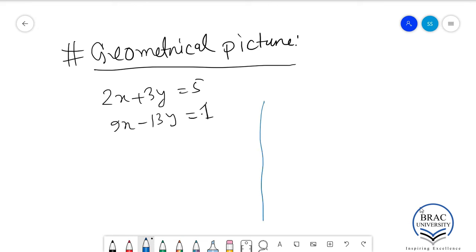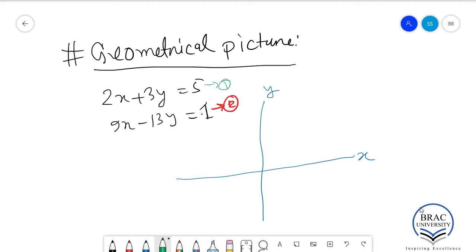Let's say this is my xy coordinate, this is x, this is y. This 2x plus 3y will correspond to some straight line. Let's denote it with the green color, equation 1, and let's denote the other equation with the red color.